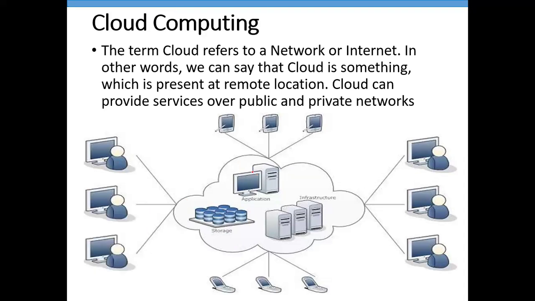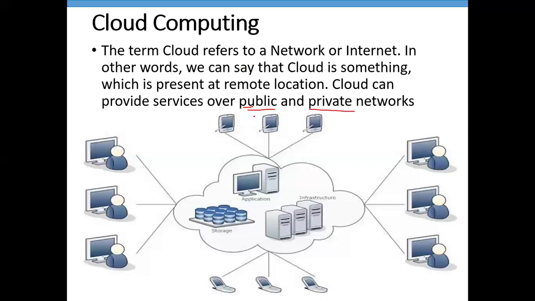This cloud computing we can access from any location. It can be accessible from a public network and a private network also. A public network is the network which we are using right now, a normal internet connection. The network used in organizations, which we call a VPN, is called a private network.